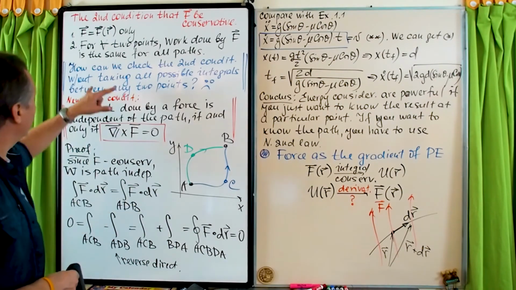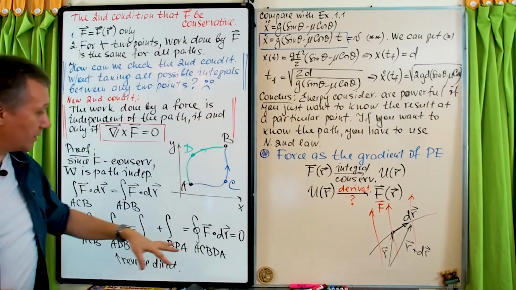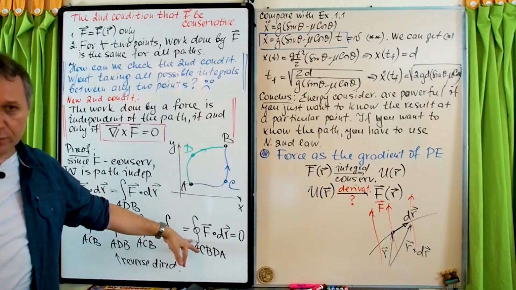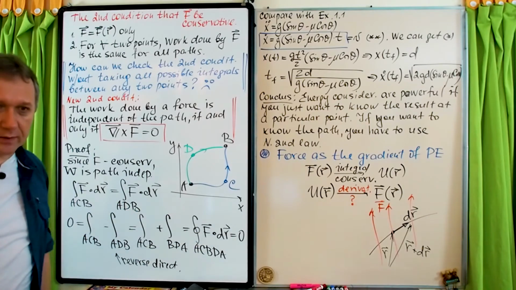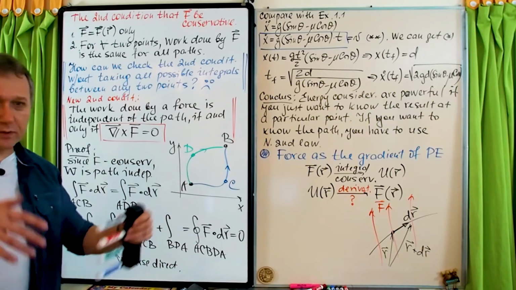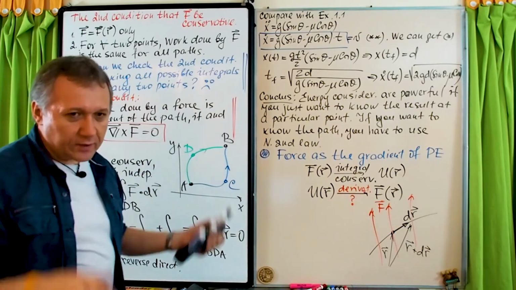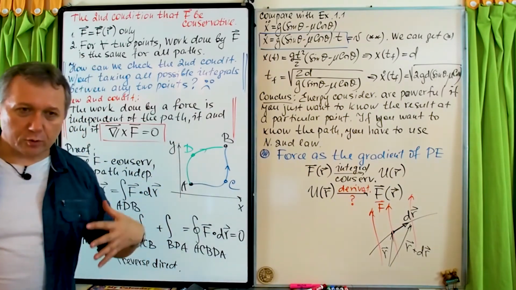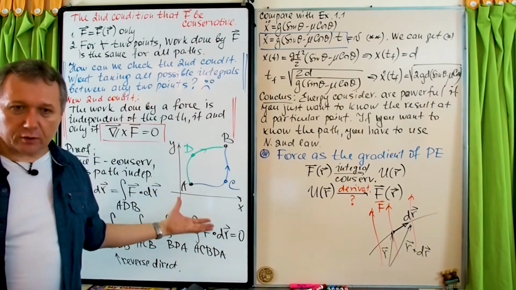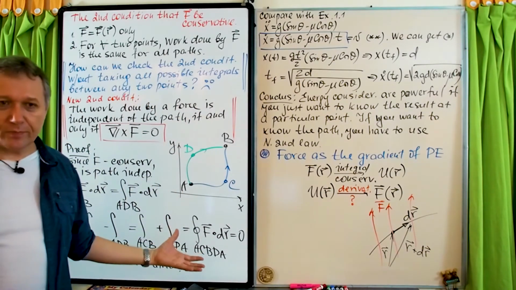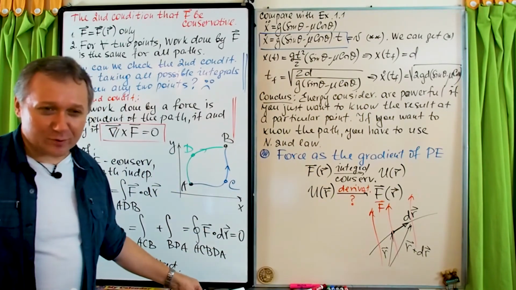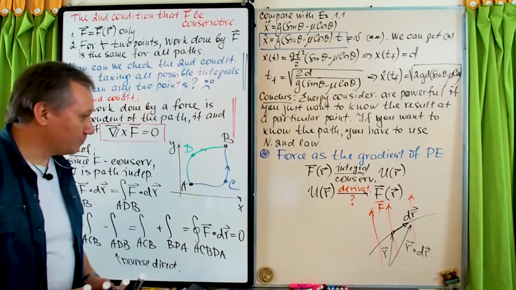If both conditions are correct, then the integral over any closed loop of F dot dr equals 0. But again, it's any loop, so you must consider an infinite number of possible loops in order to convince somebody that the force is conservative. It's still not what we want. We want to get rid of all these infinite numbers of loops or paths.